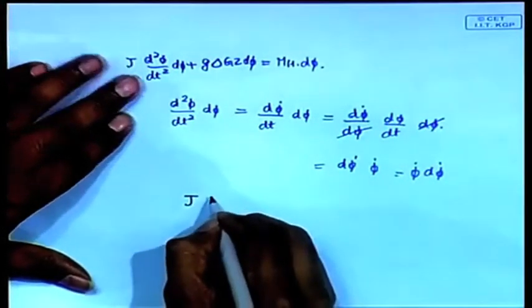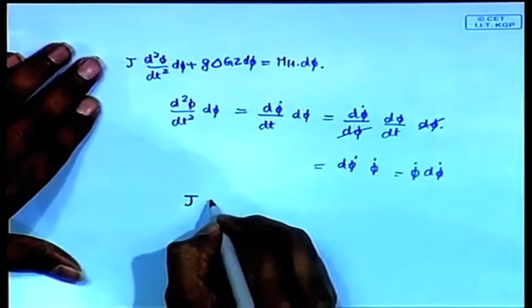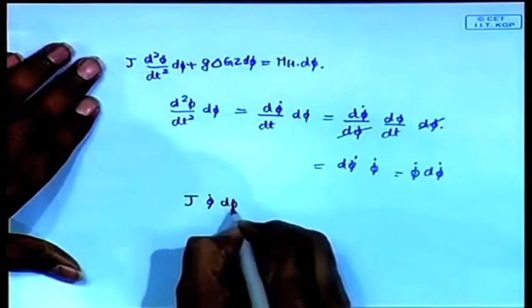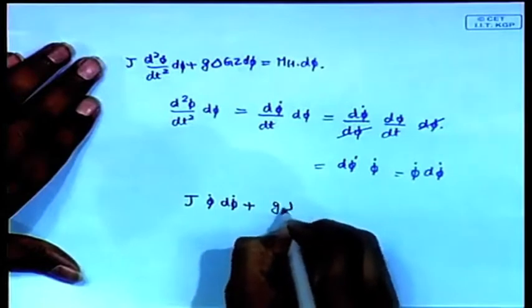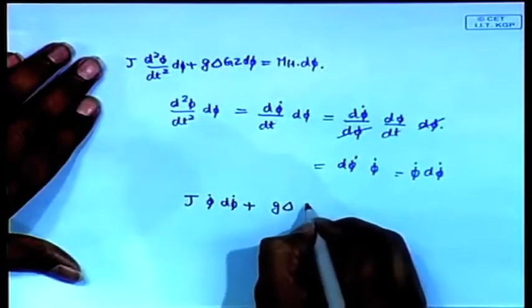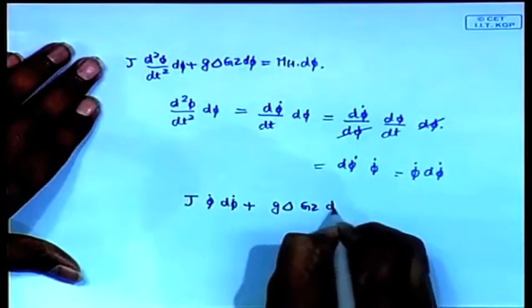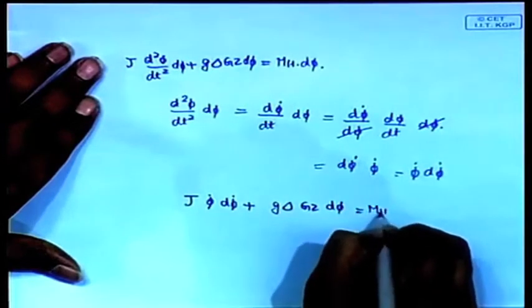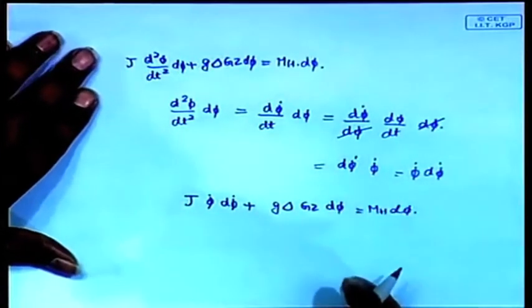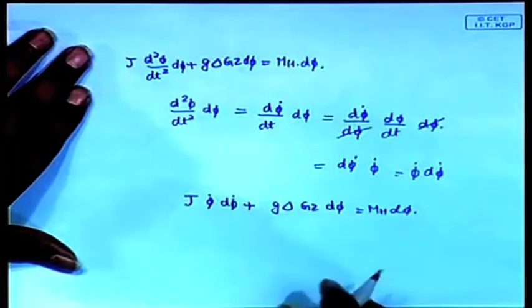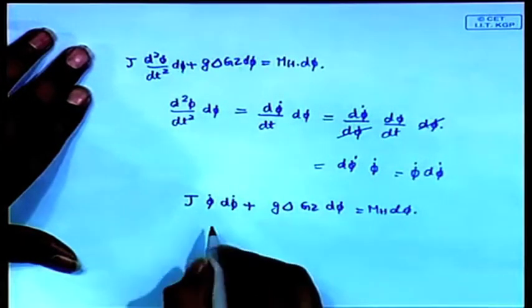So, the equation becomes J into phi dot d phi dot plus g delta into gz d phi is equal to mh d phi. Now, we will integrate this expression between two values of phi, phi 0 and phi final.